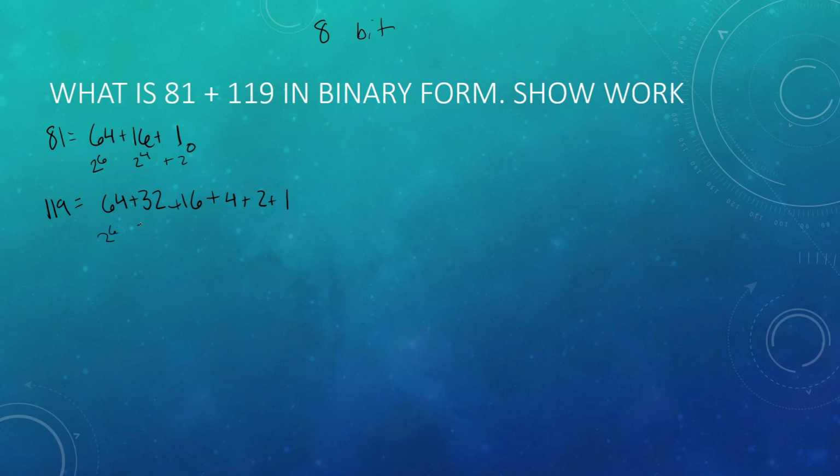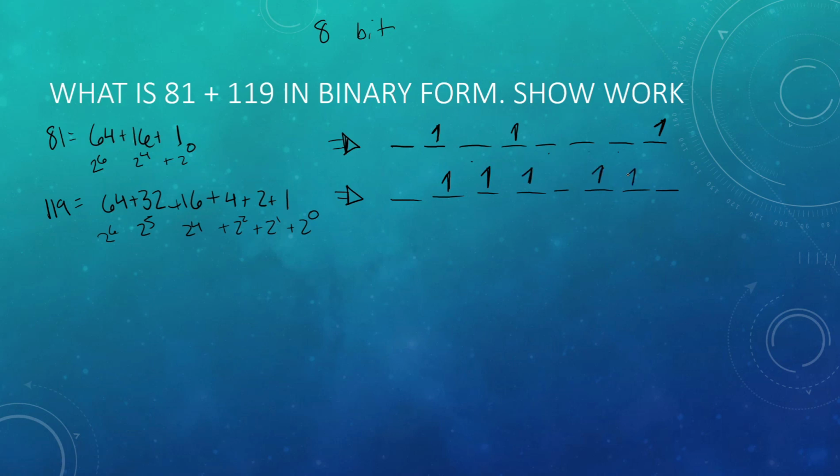And 119 is 2 to the 6, 2 to the 5, 2 to the 4, 2 to the 2, 2 to the 1, and 2 to the 0. 1, 2, 3, 4, 5, 6, 7, and 8. Fill the rest with zeros.